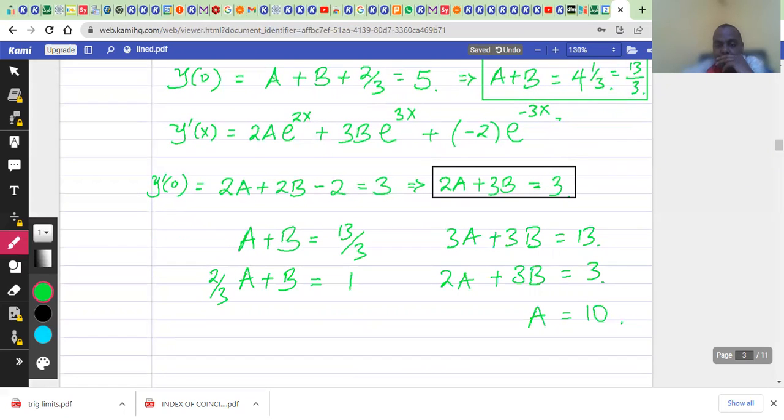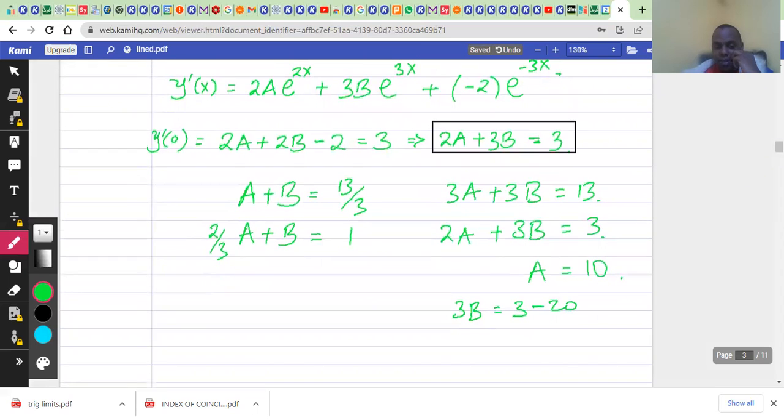And then 3B is going to be 3 minus 20, which is negative 17. B is going to be negative 17 over 3.